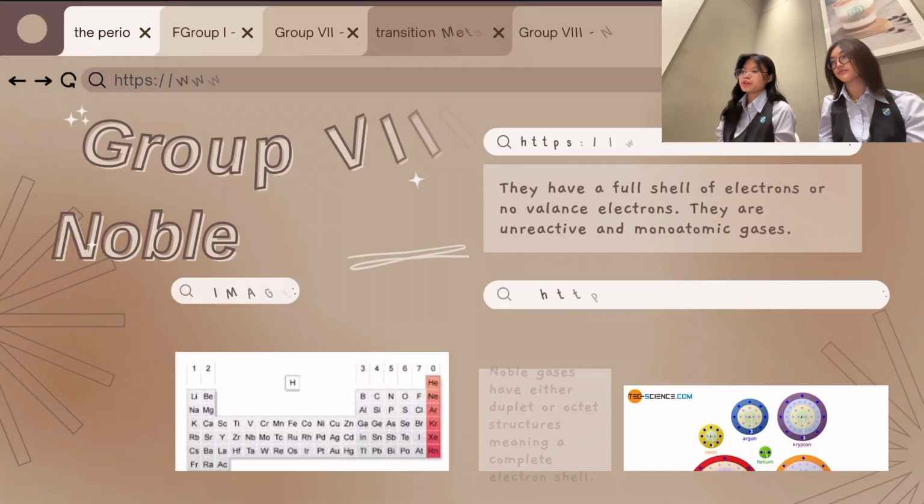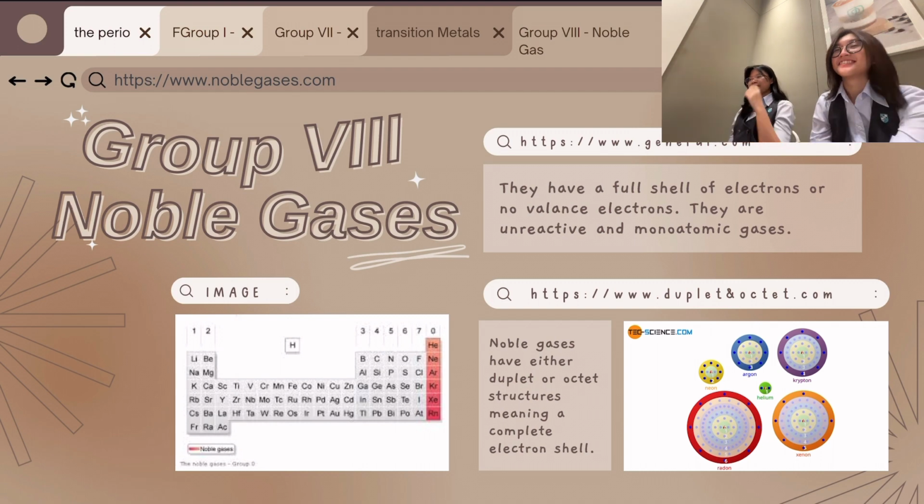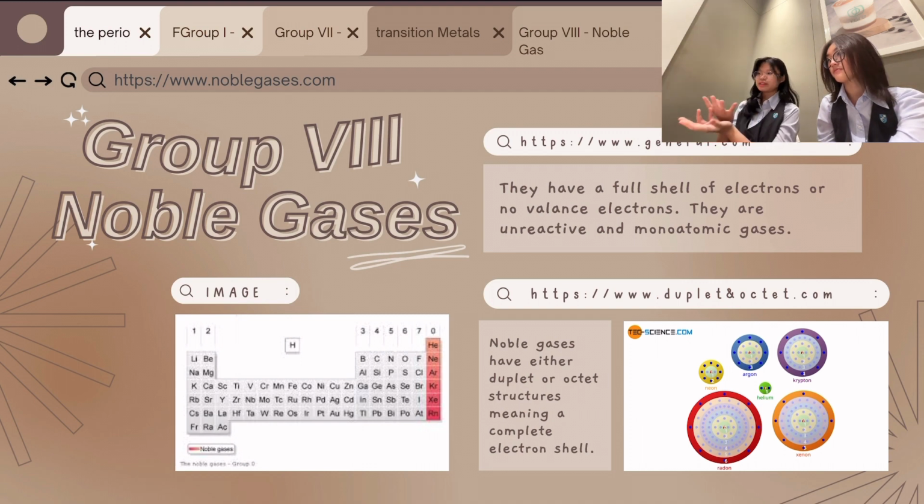Okay, so for group 8, the noble gases, this is one of my favorite groups actually because they're very simple to memorize. They have a full shell of electrons or no valence electrons. Because they're group 8, mostly they have 8 electrons, so completely full.